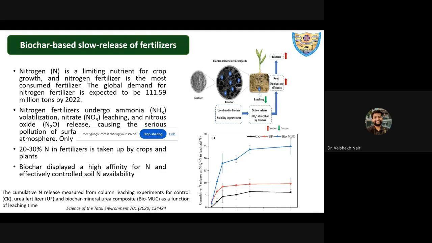In the soil, with time, conditions change and nutrient exchange takes place. The nitrogen slowly gets dissolved, taken by the bacteria, and given to the plant, so there is a slow release.